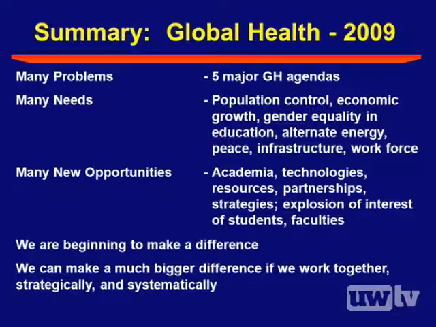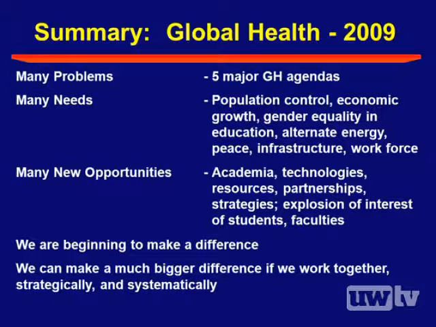So I've given you this big overview of global health today, and in summary, there are many problems. There are 5 major global health agendas, many needs, particularly population control, economic growth, gender equality and education, alternative sources of energy for preventing climate change, avoiding war and violence, infrastructure development, and workforce development.